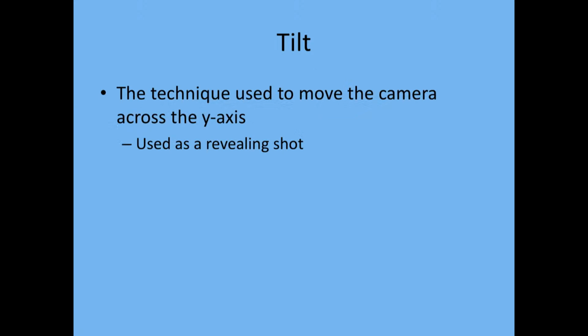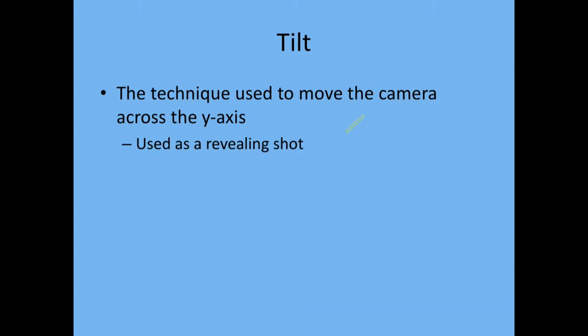Tilt. This is probably the thing that is most misused vocab-wise. Let me tell you why. So, a tilt is the technique used to move the camera across the y-axis. Remember, you didn't think you were going to get math today, did you? Well, you are. Surprise.